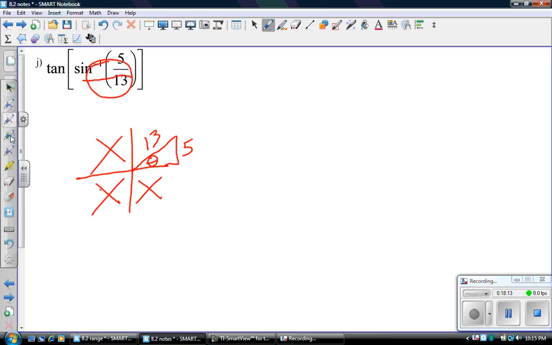If you do Pythagorean theorem, you get that this side is 12. So the tangent of theta, there's theta right there. Tangent means opposite over adjacent. So the tangent is simply 5 over 12. Again, we didn't even care about what angle we actually got on this one, because all we're going to do is take whatever that angle was and do another trig function on it.